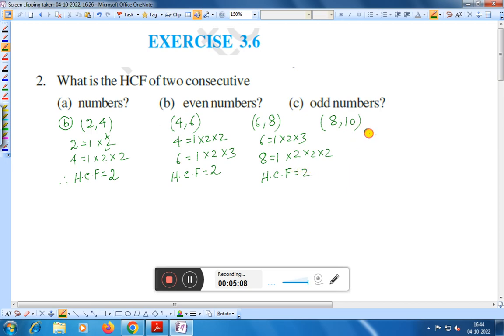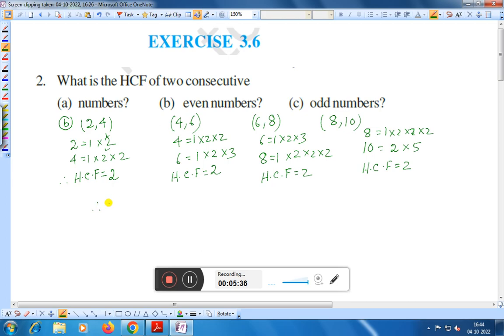In the case of 8 and 10, 8 can be written as 1 into 2 into 2 into 2, and 10 can be written as 2 into 5. Therefore, the HCF in this case is also 2. Therefore, what is the HCF of two consecutive even numbers? We can say the HCF of two consecutive even numbers is 2.